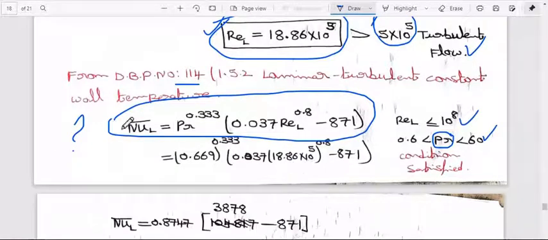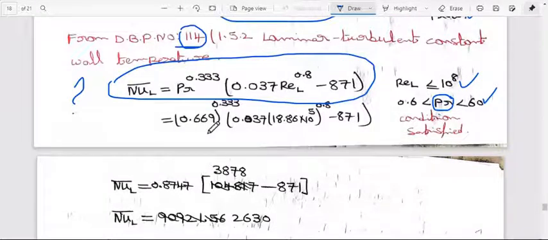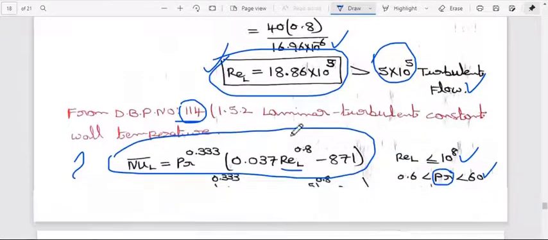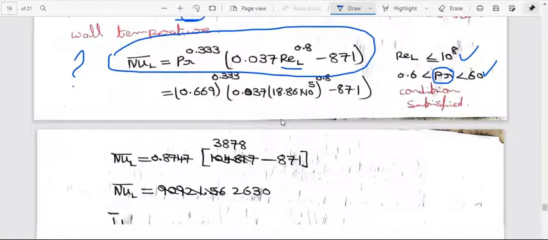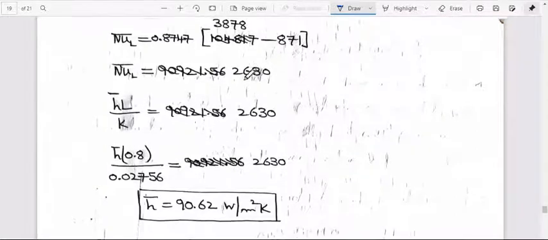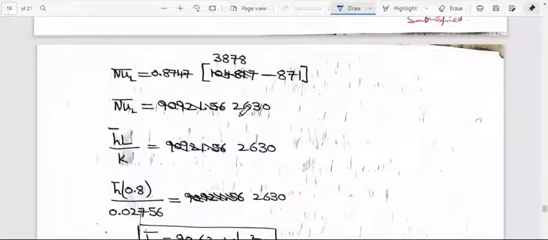That's why I am considering this formula from data book page number 114. PR value is 0.669, and RE value already calculated is 18.86 into 10 power 5. We need to substitute these two values in this equation. After substituting, NU is equal to 2630.